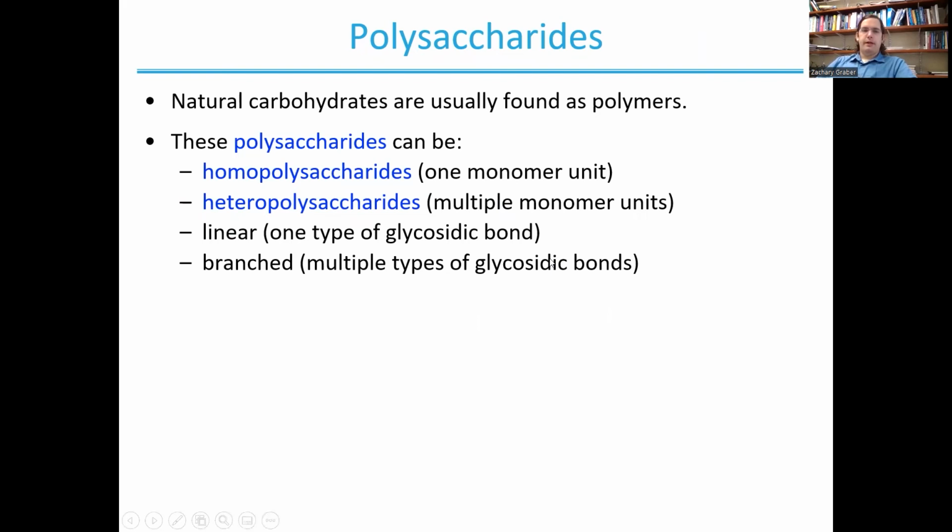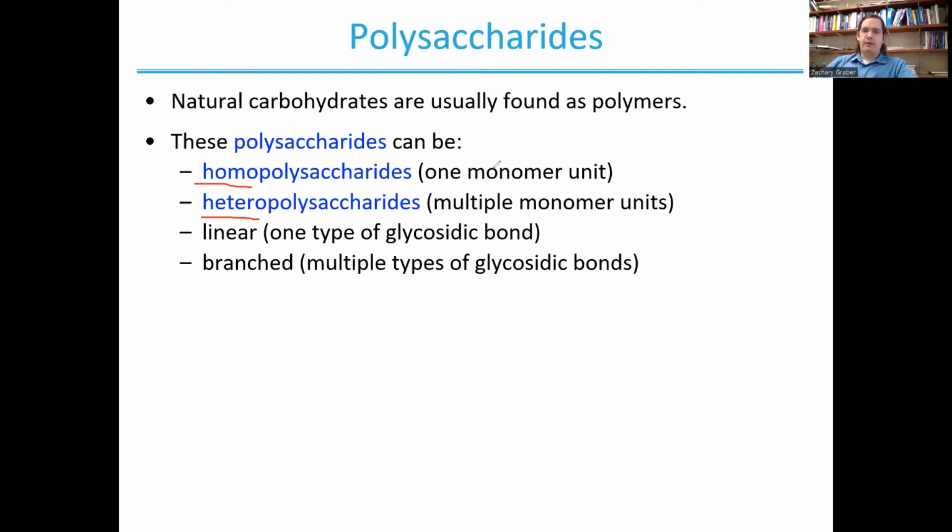Our polysaccharides will expand upon this disaccharide structure to create much larger sugar polymers. So again, we're going to be linking those hemiacetals or hemiketals to hydroxyl groups, and we'll just continue to repeat this to create very large polymeric structures. Now, there are many different ways to classify our polysaccharides. They can be either homo or heteropolysaccharides.